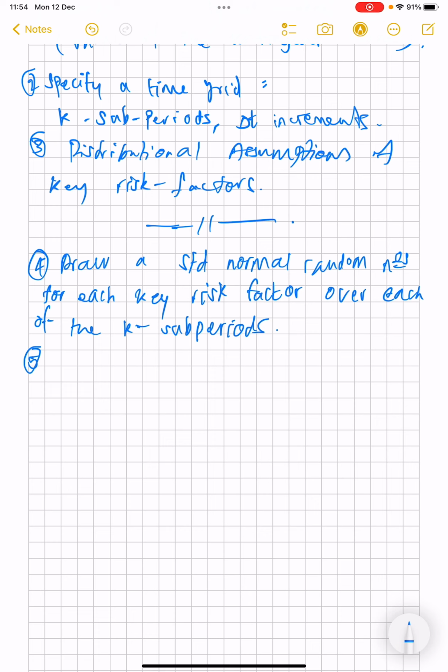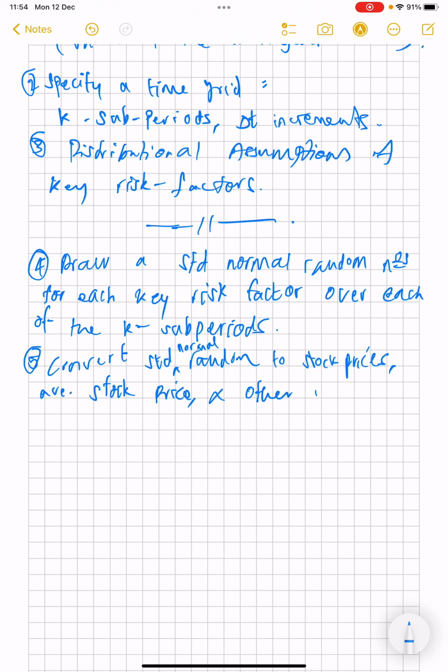Fifth, you convert the standard random numbers to stock prices, average stock price and other relevant risk factors.